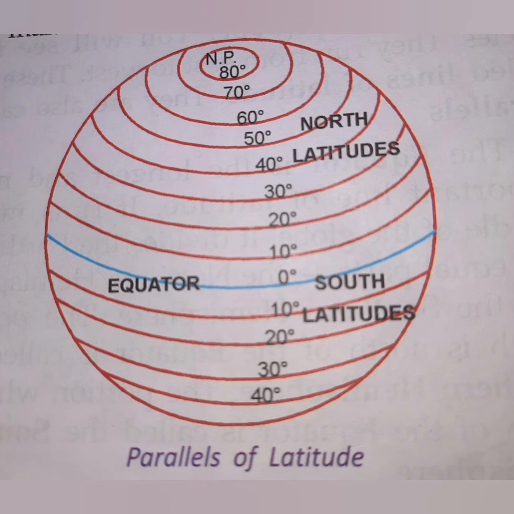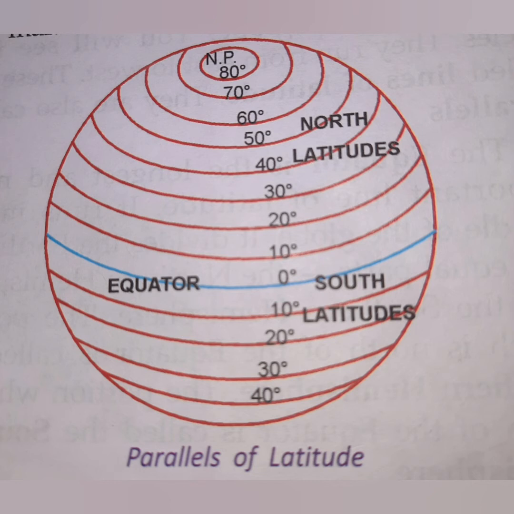And you know that the lines of latitude start at the equator. We start the lines from the equator, and there are two parts of the earth. The first one is the northern hemisphere, and the second one is the southern hemisphere.